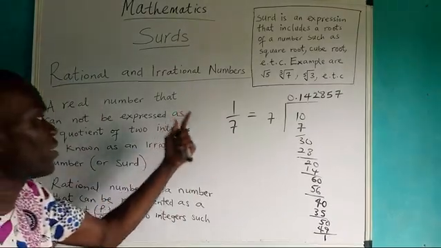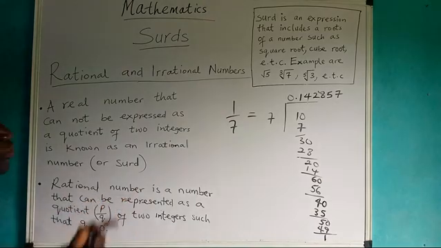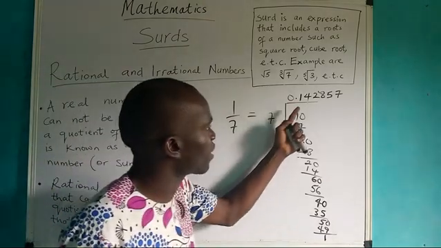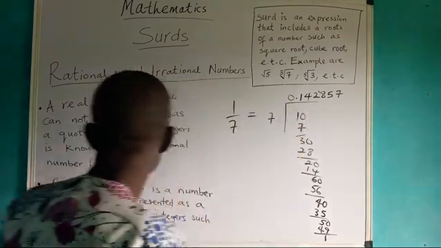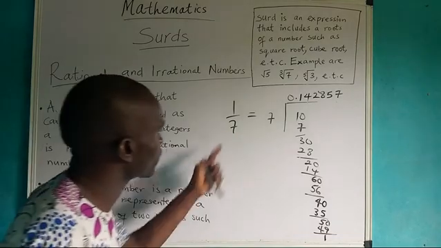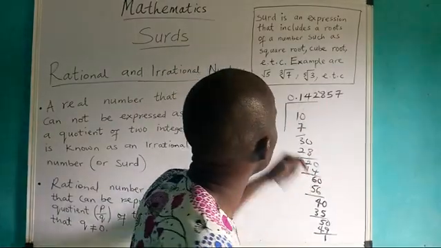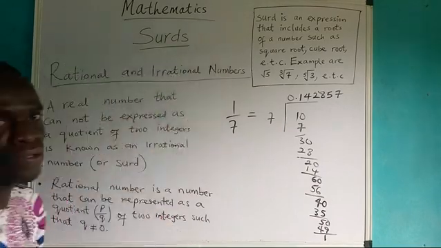When a number can be represented as a fraction, or as a decimal, whether terminating or recurring, we call it a rational number. But if the number cannot be expressed as a fraction or a decimal number like this, we now call it a surd or irrational number.